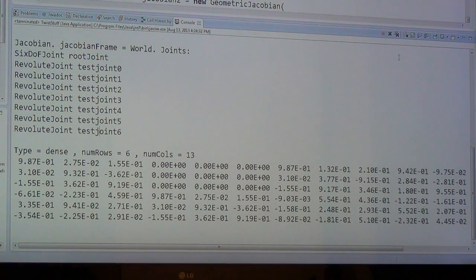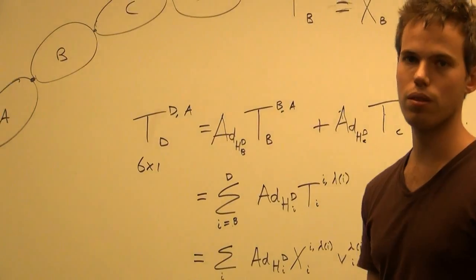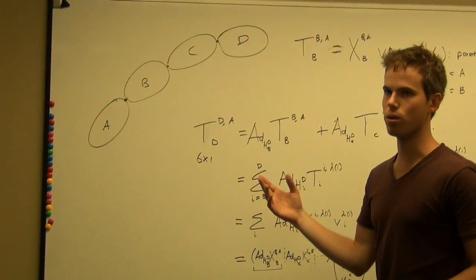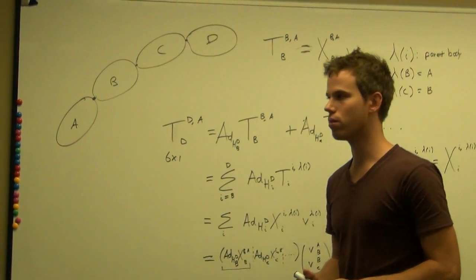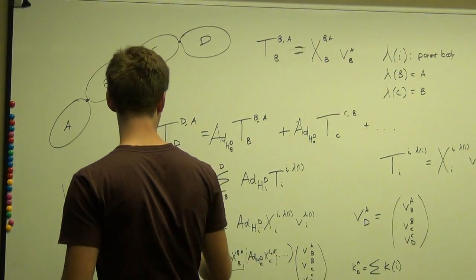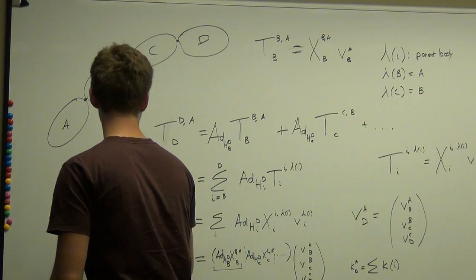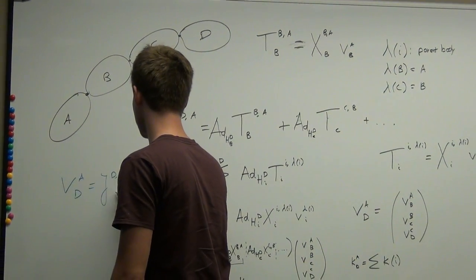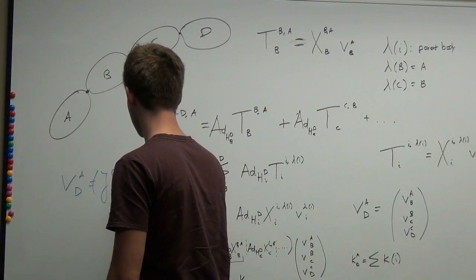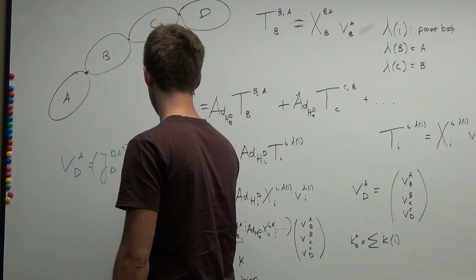And Jacobians are nice because suppose you want a certain motion of the end effector. So you know what the desired twist is, and you want to know what the joint velocity should be to achieve that. Then you can just do the desired joint velocity equals the inverse of this Jacobian times the desired twist.